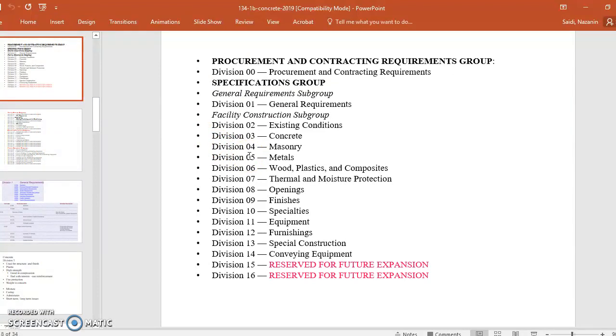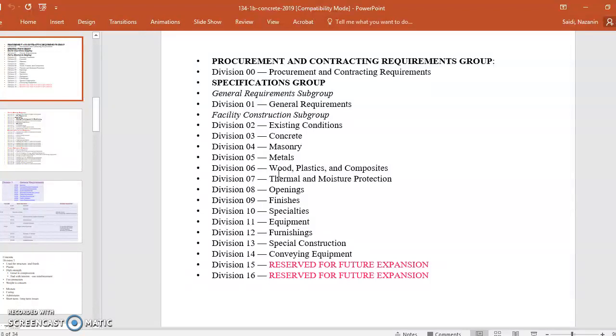Division 6 is wood, plastics, and composites. In ARC 133, concrete, masonry, metals, and woods, the core architectural materials used for structure, are covered in that class in detail. Here we review it as it pertains to this class.